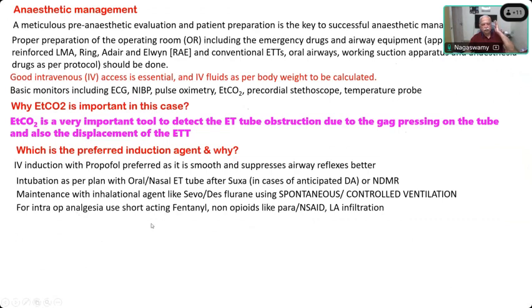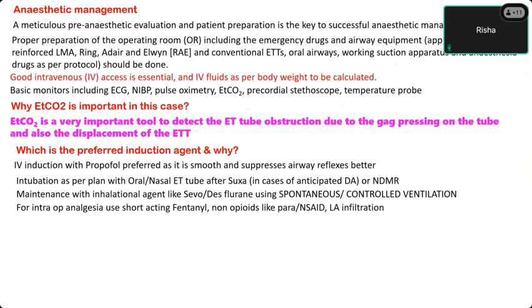For analgesia, short-acting fentanyl, non-opioids like paracetamol, NSAID, and local infiltration. How do you do the local infiltration? What nerves are to be blocked? Only this sort of questions if they come, that is the one which is important. The greater palatine and the lesser palatine block.